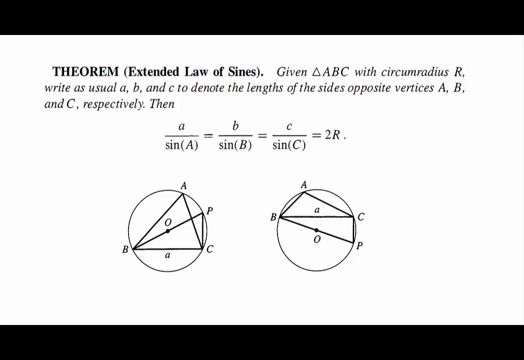Given a triangle ABC with circumradius big R, and let a, little b, and little c be the lengths of the sides opposite to vertices big A, big B, and big C respectively, then the ratio a over sine of big A, b over sine of big B, c over sine of big C is actually equal to the length of the diameter of the circumcircle of the triangle. All right, so this is an ingredient that we'll need for our next result.